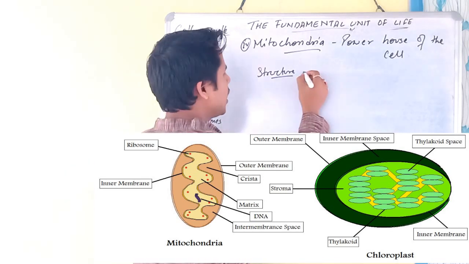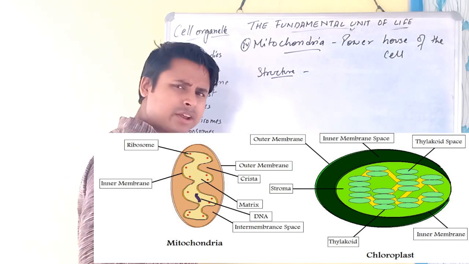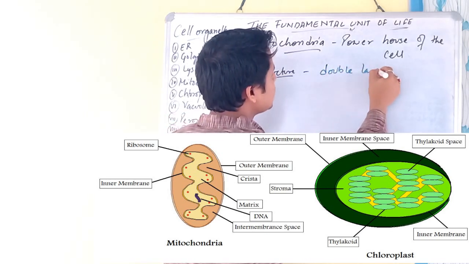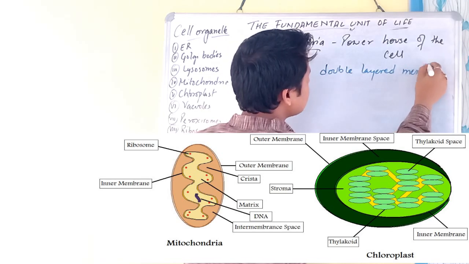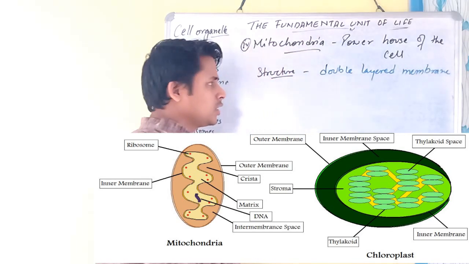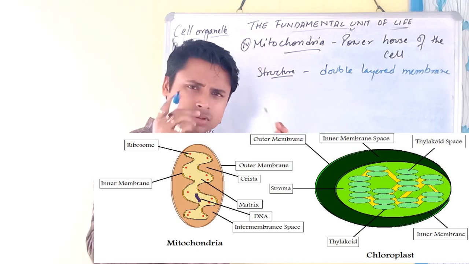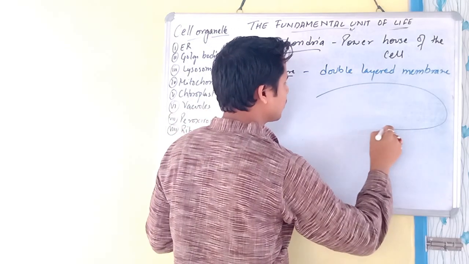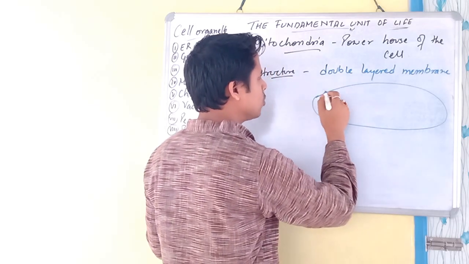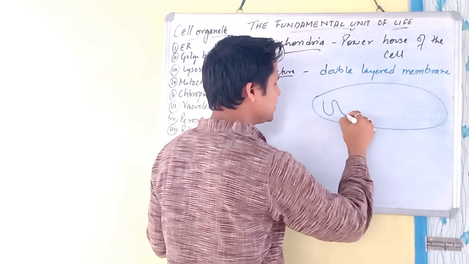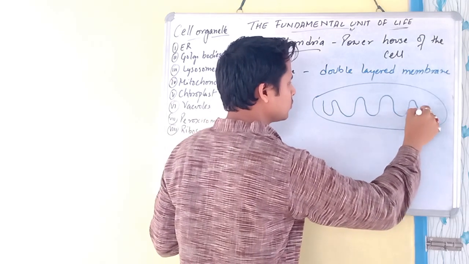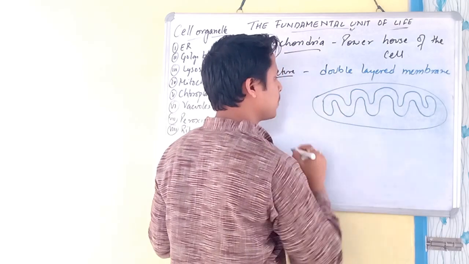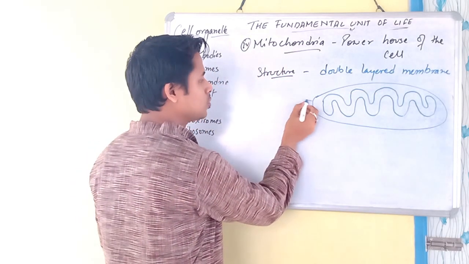Unlike other membrane-bound cell organelles, this has a double layer membrane, meaning it is covered with two layers, right? This is the outer layer, and the inner layer is deeply folded, like this.